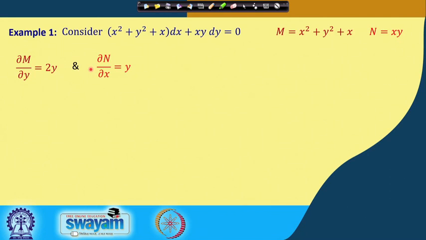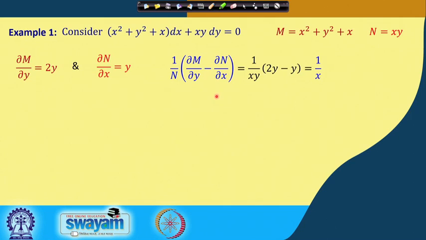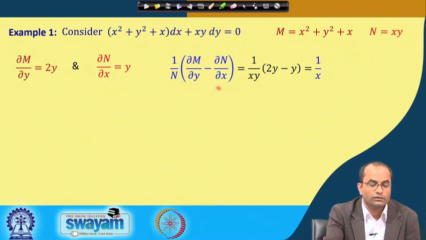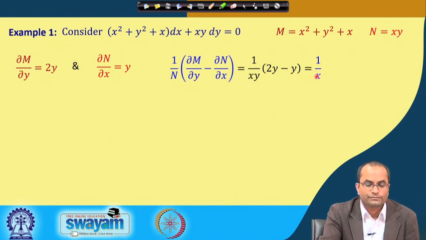So, naturally these two are not equal, but what we observe in this case, from the previous discussion in which we derived those conditions, is the following. We take 1 over N of del M over del y minus del N over del x, that expression, and divide by this N, which is x y. Here we have this 2y and this minus y.